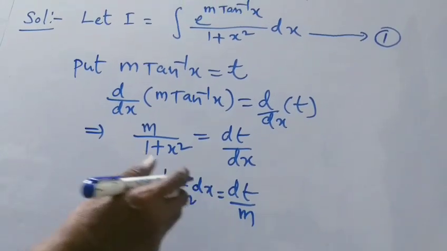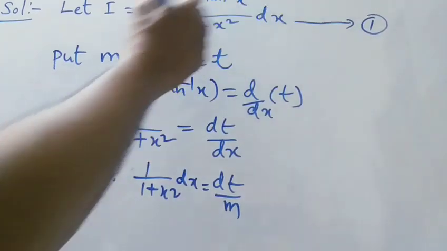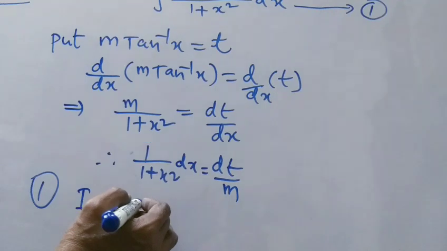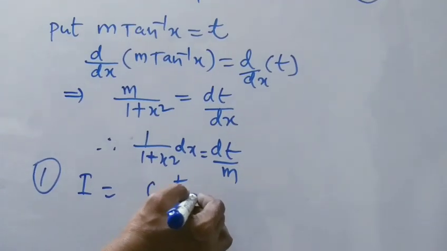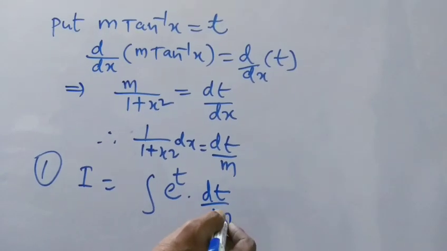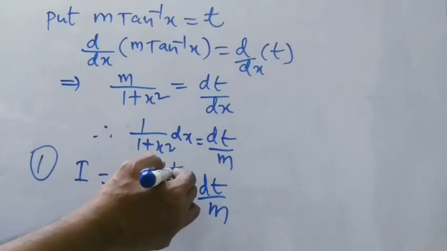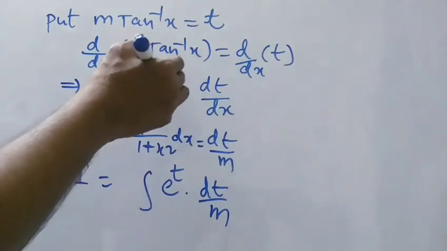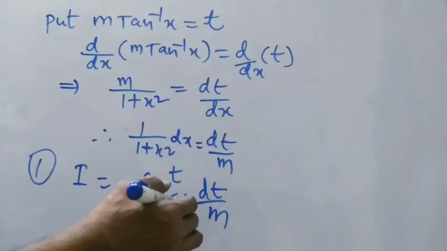So equation 1 becomes I is equal to the integral of e to the power of t into dt by m. In place of t, we already substituted m tan inverse x is equal to t, so it becomes e to the power of t.